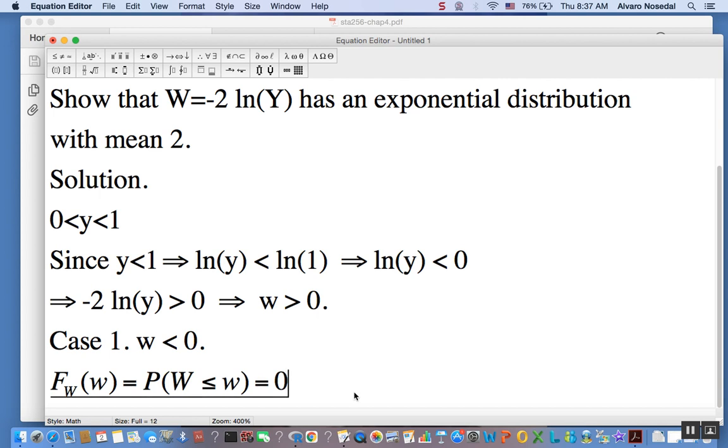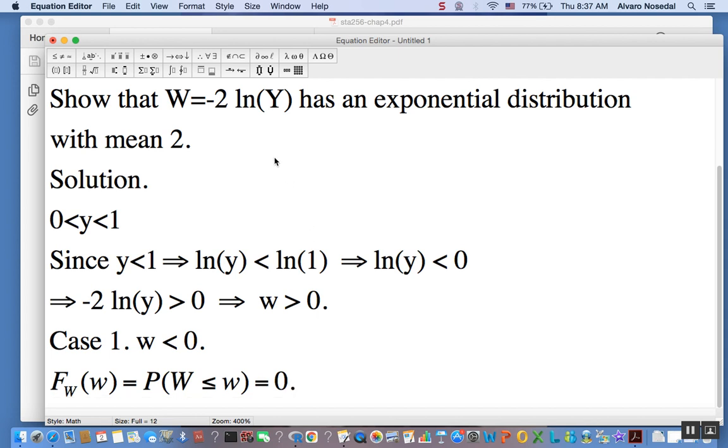We'll slightly modify this in a sec, because we have to take into account what happens when W equals 0.